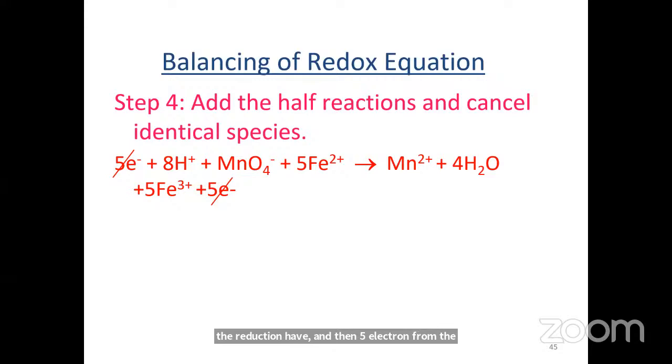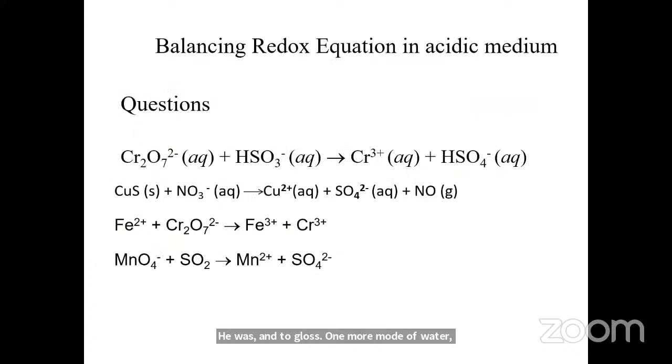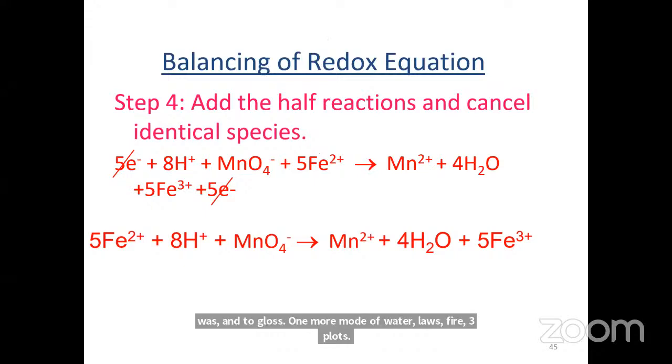We can cancel them out. And when we cancel them out, the final equation now becomes 5 moles of Fe2 plus, 8 hydrogen ion, plus MnO4 minus, to give us Mn2 plus, 4 moles of water, plus 5 Fe3 plus ion. And that is the balanced equation.